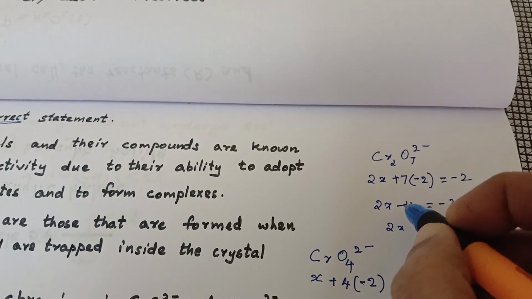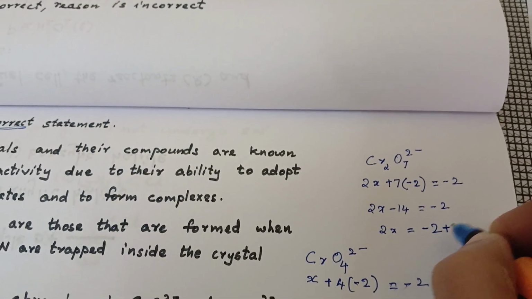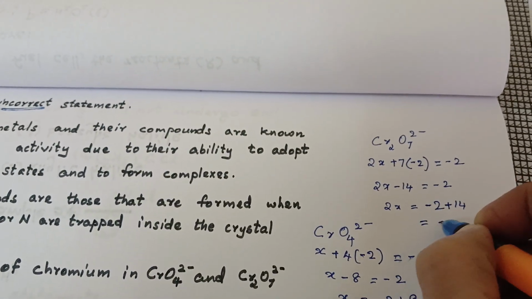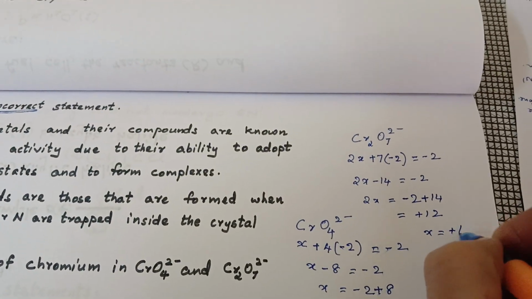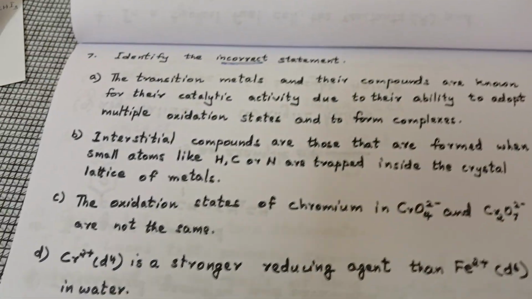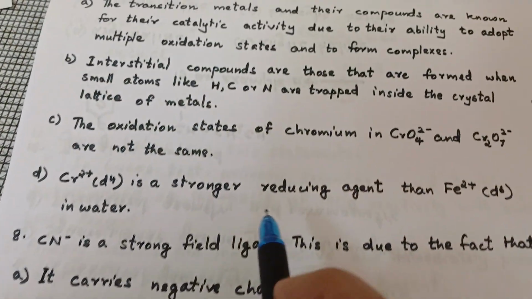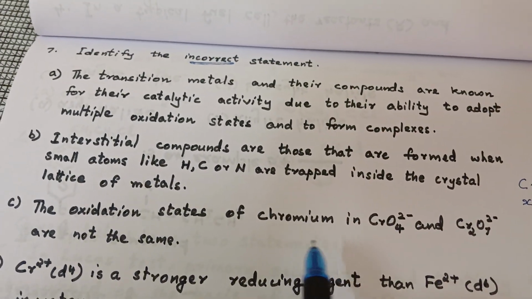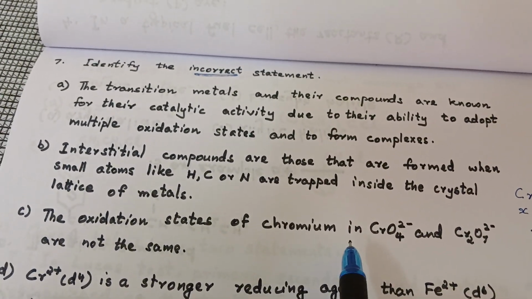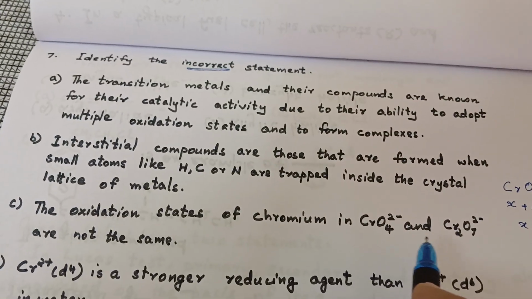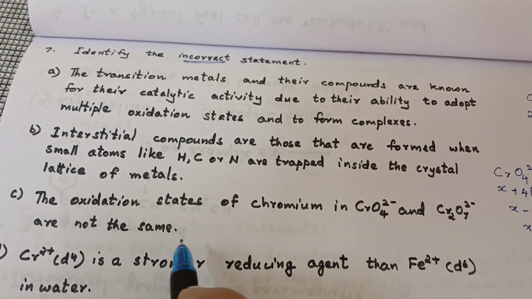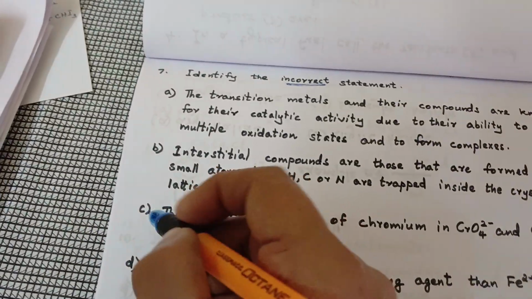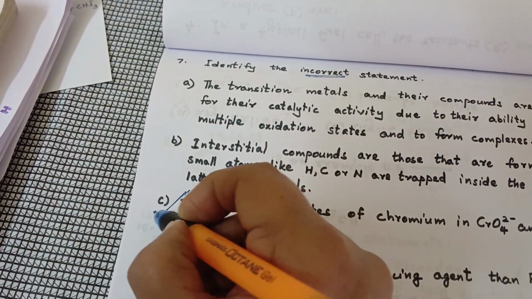Minus 2 and this minus 14 will become plus 14 here. So that is equal to plus 12 and x equals plus 6. So in both cases it is the same. The statement that the oxidation states of chromium in CrO4 2- and Cr2O7 2- are not the same is given. So they are the same. So this will be the correct choice.